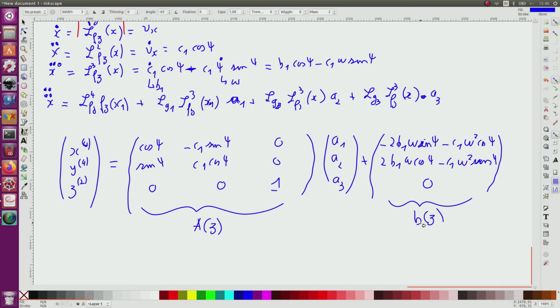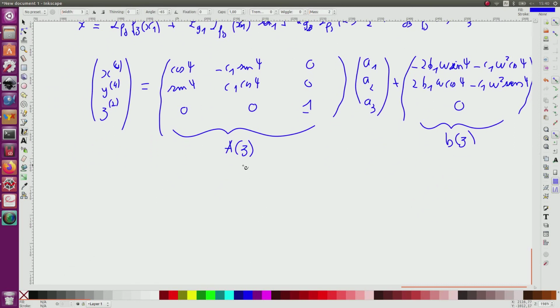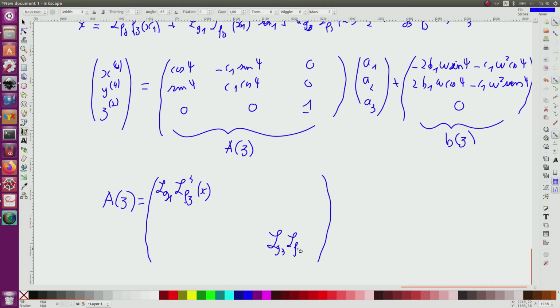Now if I don't want to compute all by hand, I should write directly that a of z is a matrix where the first component here is L_{g1} L_f^3 of x, and the last one will be L_{g3} L_f of z.